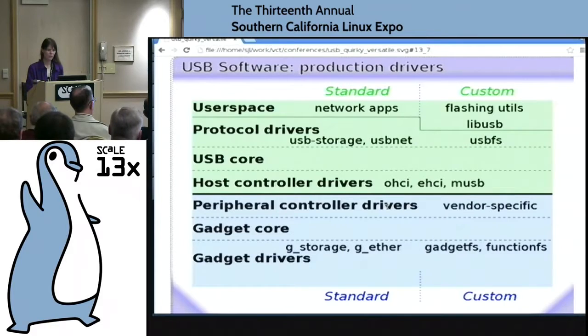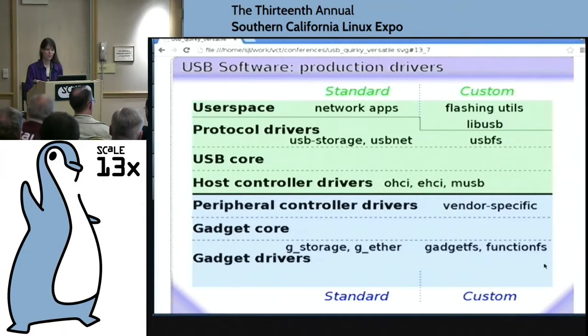So you have g_storage counterpart to usb-storage, g_ether counterpart to usbnet, you have g_serial, and so forth. But since sometimes you're not going to be able to fit well into one of the predefined gadget classes, the kernel provides custom facilities for making protocols.